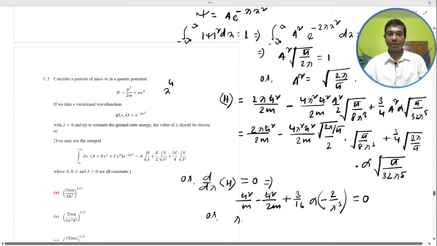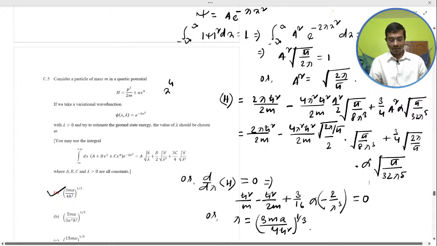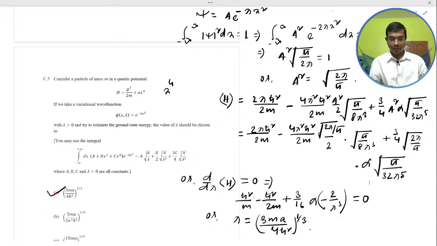So you will get the value of lambda as (3ma by 4 h cos square) to the power 1/3. It will be the correct answer. Option A would be the correct, 3ma by 4 h cos square to the power 1 by 3. Okay.